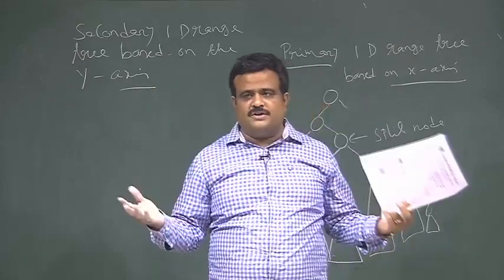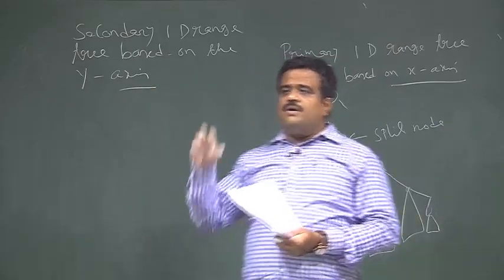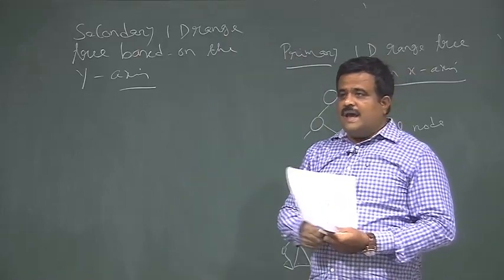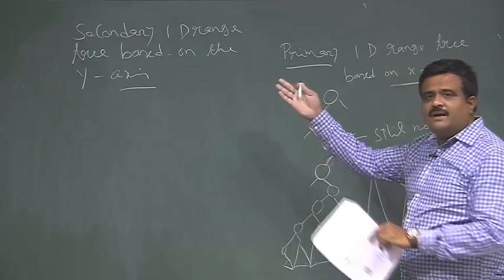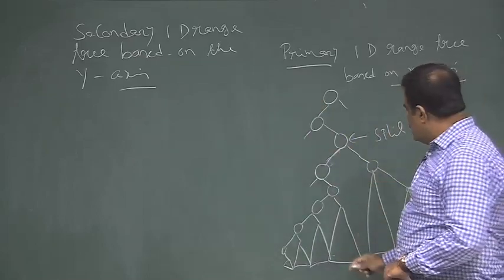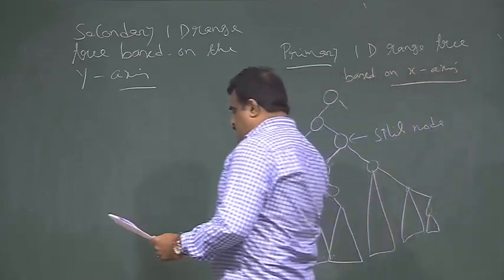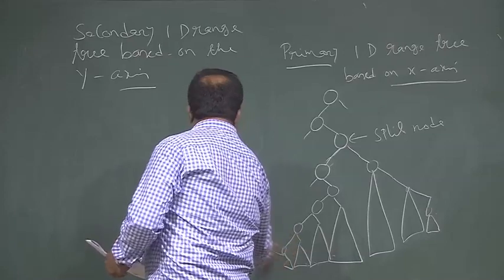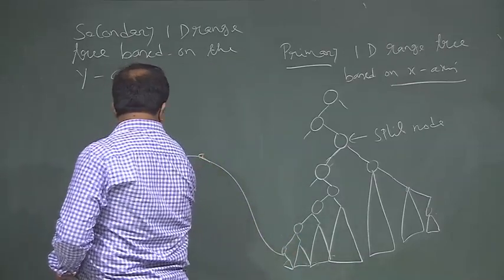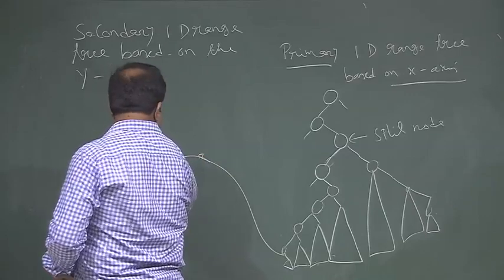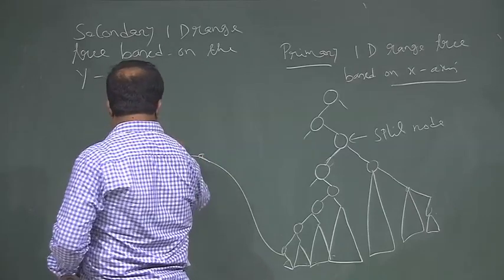So, we have lots of data structures going on. On the y coordinate also we make a range tree, and for these points we have a similar kind of structure for the y coordinate. So, these points will be like this.